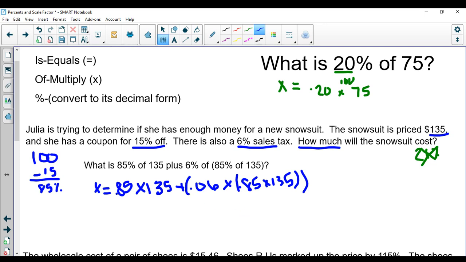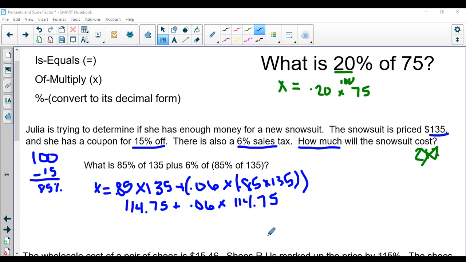So I'm starting with a hard one. All right, so 0.85 times 135 is $114.75. And we already know that this 0.85 times 135 here is also going to be $114.75. Okay.